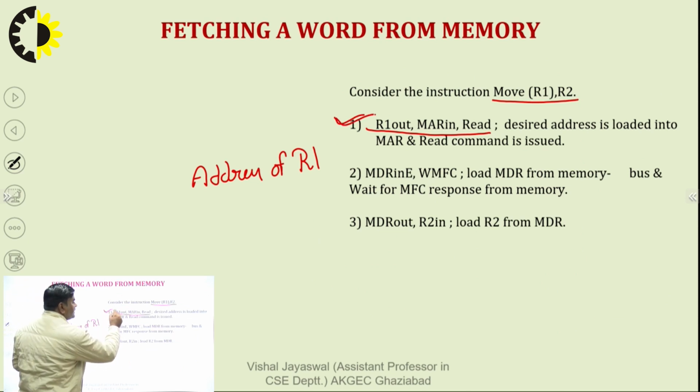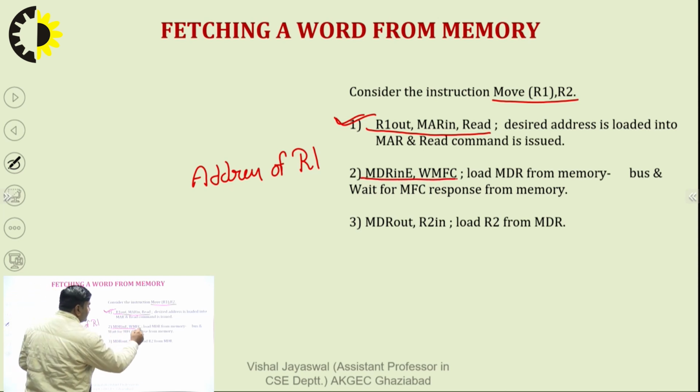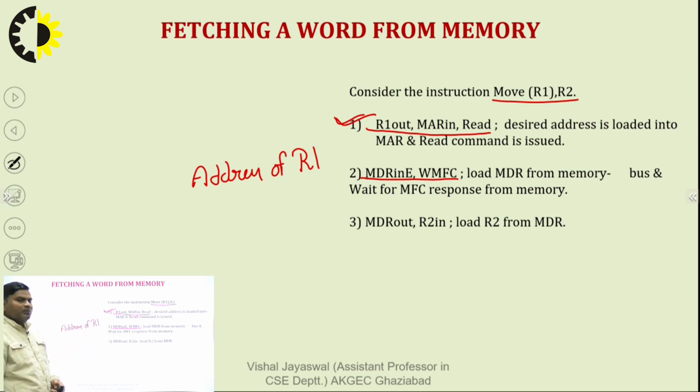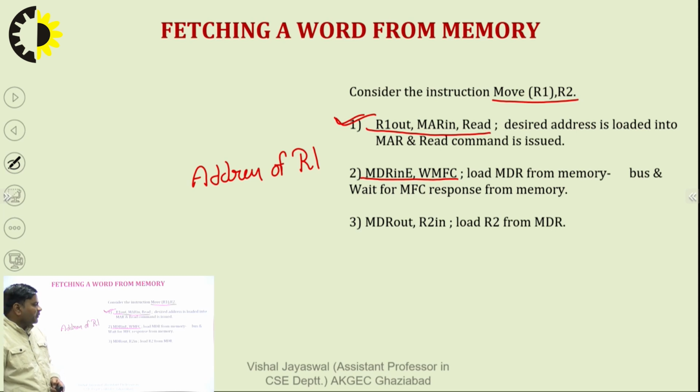So first step is R1 out, MAR in and read, and second step is MDR in E, WMFC. Basically we are going to perform the memory operation. We don't know at what clock cycle the memory operation is performed and how many clock cycles are used for it.